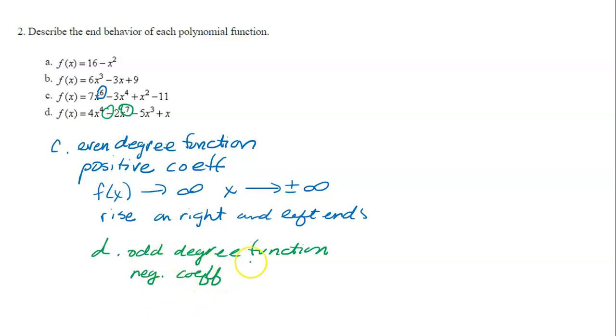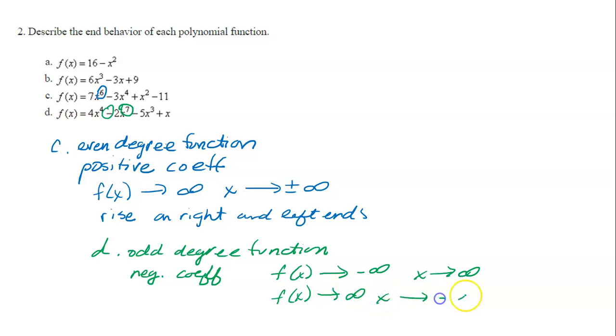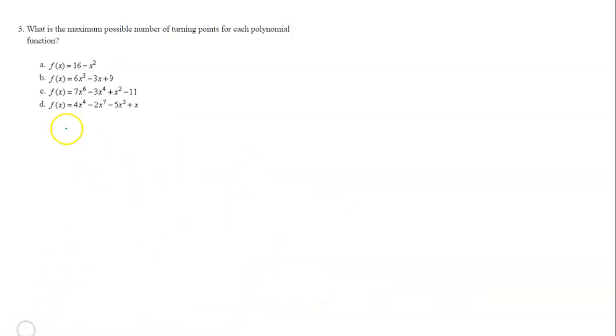So if I go back and I look at the odd degree function and negative coefficient, I find that the end behavior has to be this, and I just copied this right off of the end behavior. And that it falls to the right and rises to the left. Okie dokie artichoke.